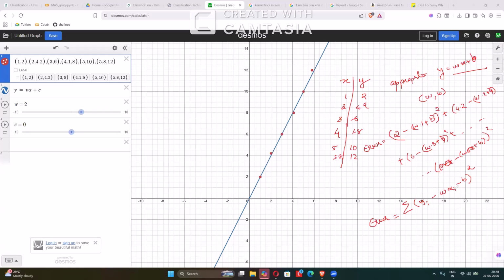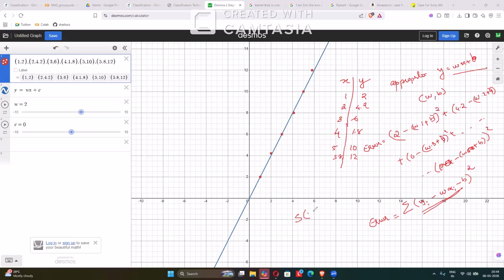So this is what we are calling the total error, and this is called an error function. This error function depends on what variables? The yi and xi are fixed values, right?